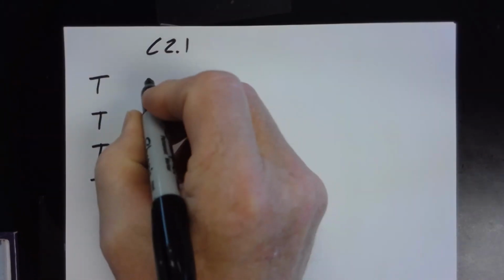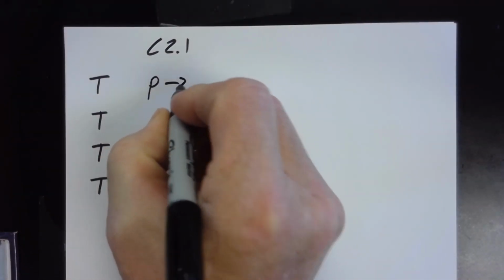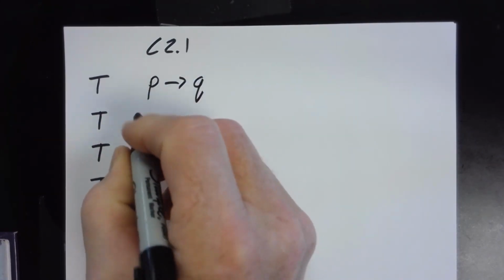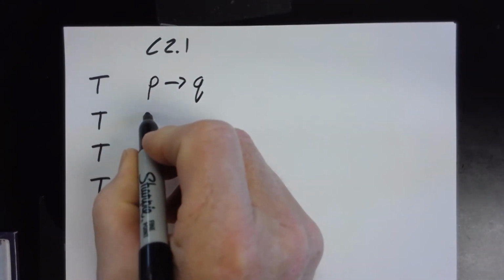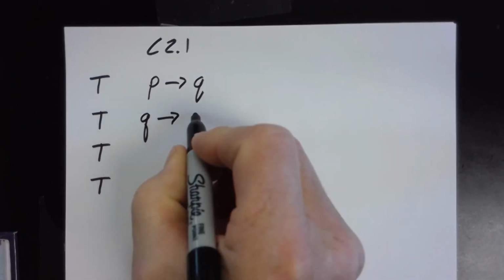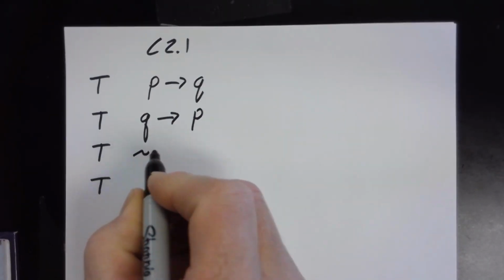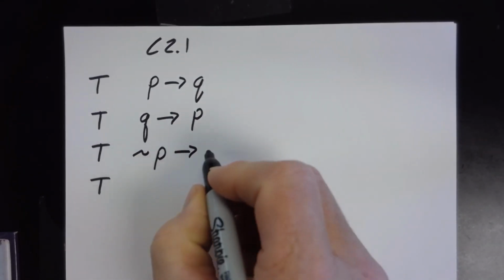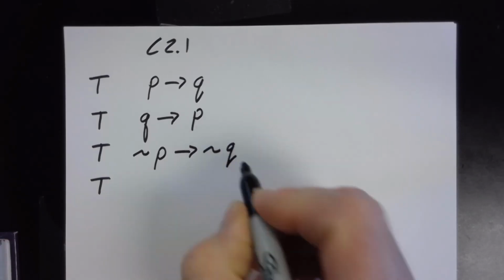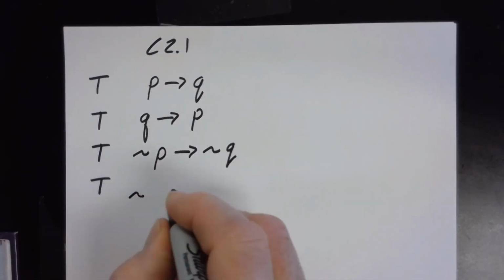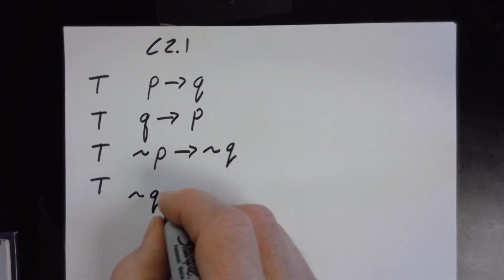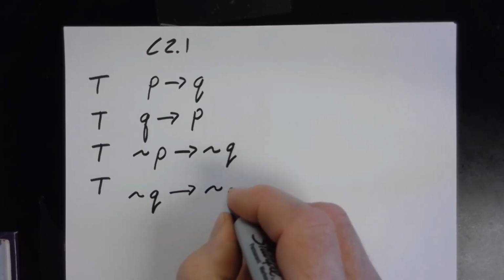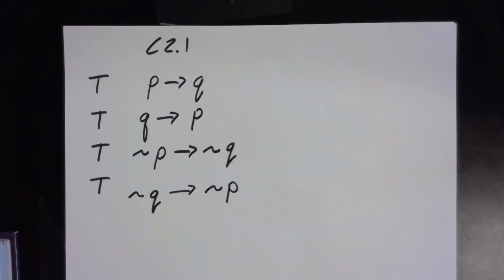So I wanted the conditional statement to be true, the converse to be true, the inverse to be true, and the contrapositive to be true. And you didn't have much trouble with that, did you? You all were able to come up with that one fine.